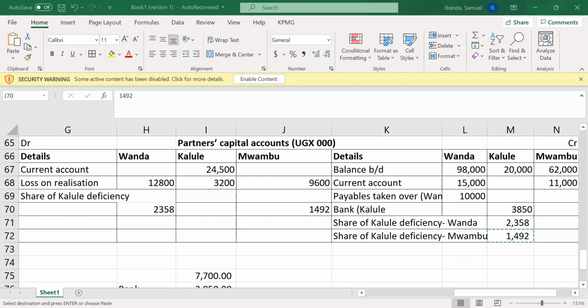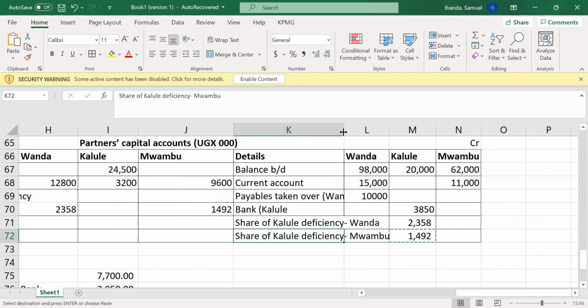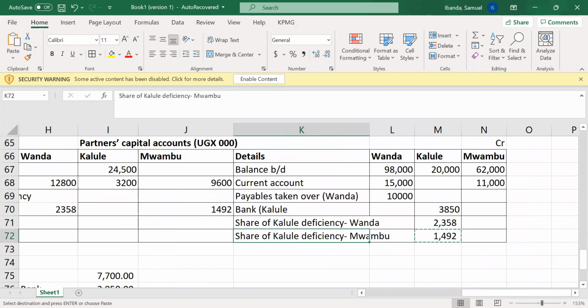So in this case, after these partners have borne the balance of Karule, they will still remain with some balances.